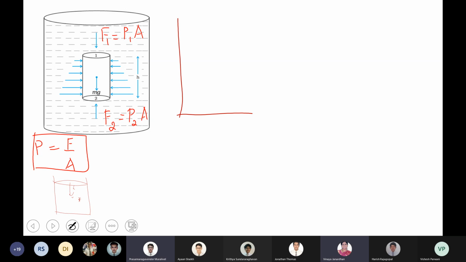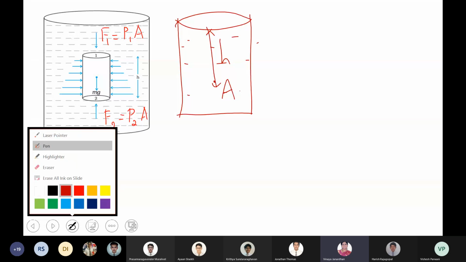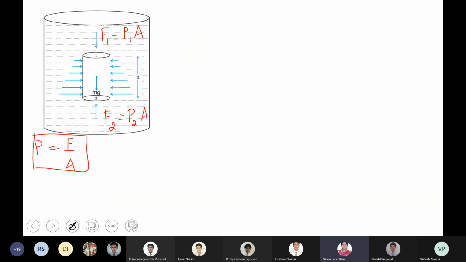Fine, boys. Now, I have a container which contains a liquid. I want to find the pressure of the liquid at a point A, which is at a depth of h meter below its surface. That is your aim. For that, you consider an imaginary cylinder of the liquid column.